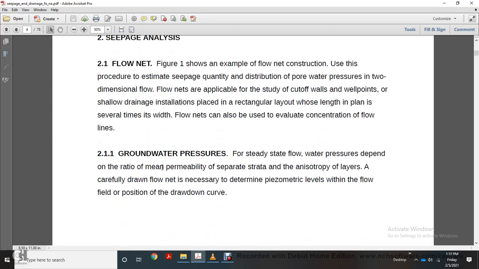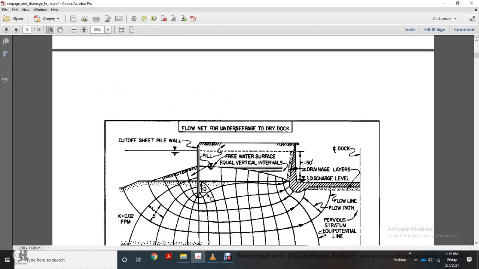2-1 Groundwater pressure. For steady state flow, water pressure depends on the ratio to the mean permeability of the separate strata and the anisotropy of the layers. A carefully drawn flow net is necessary to determine the piezometric levels within the flow field and the position of the drawdown curve.